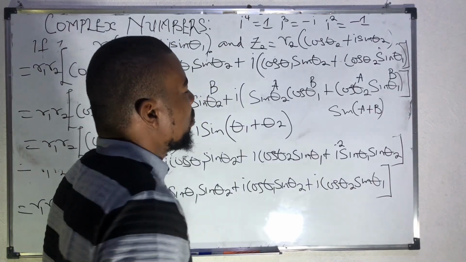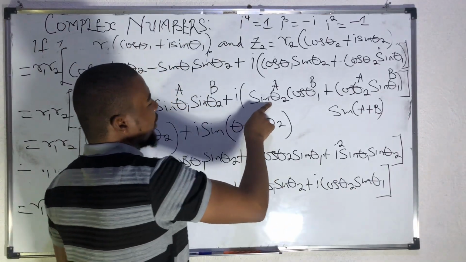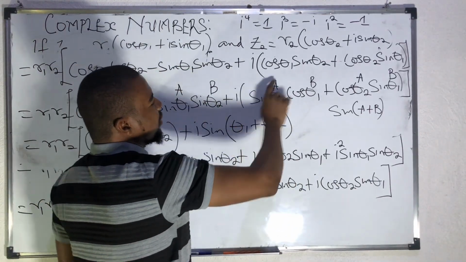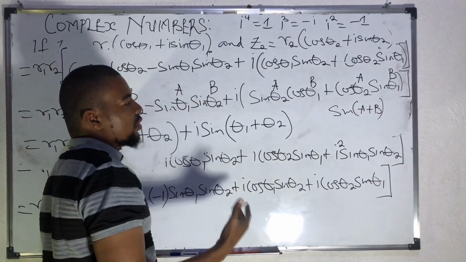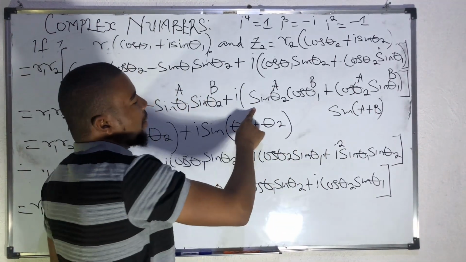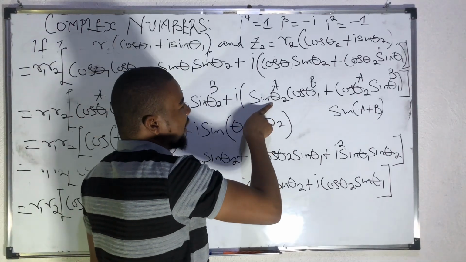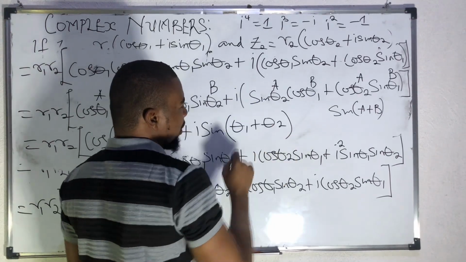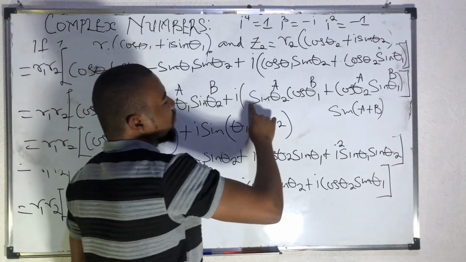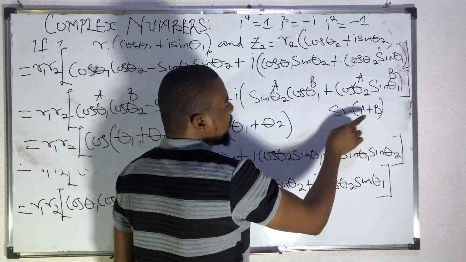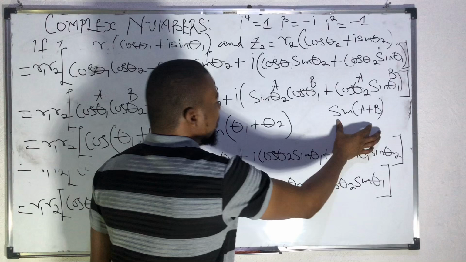But in this case, we're using theta. I only wrote these letters to relate it with the identity so that you understand the concept. What we're actually working with is theta 2 and theta 1. So based on this identity, if you have something like this, it has to be simplified to this very form.